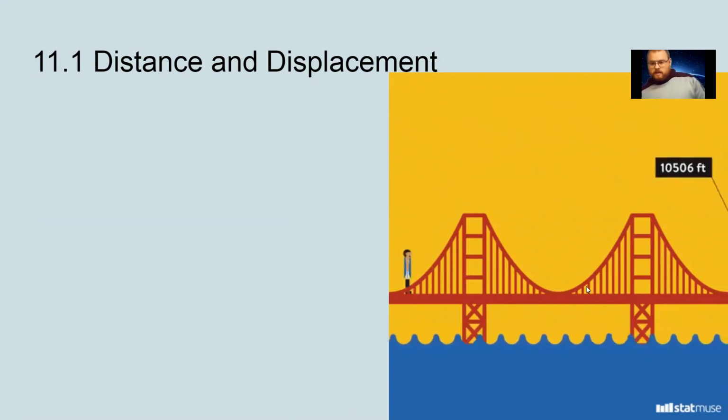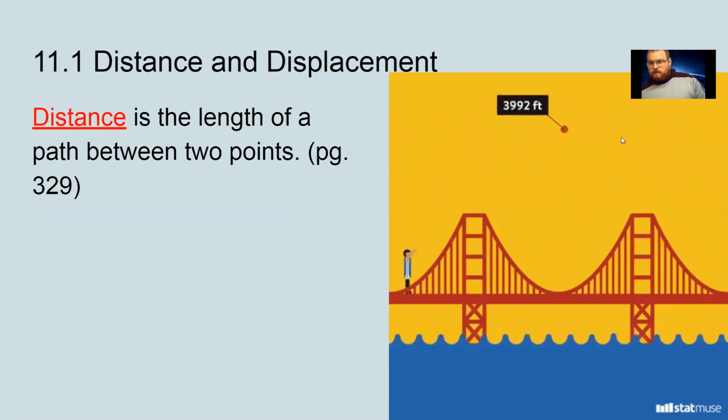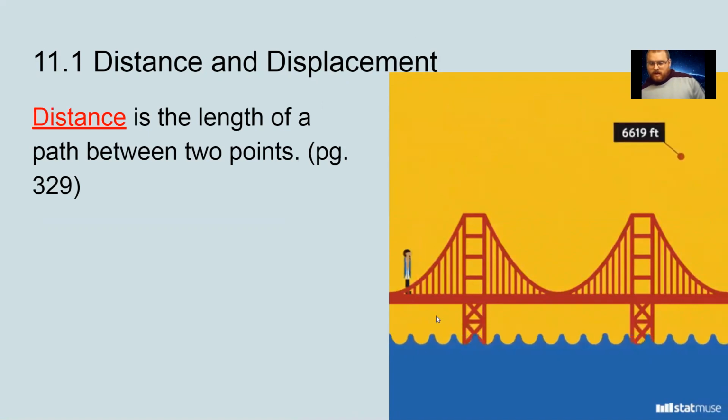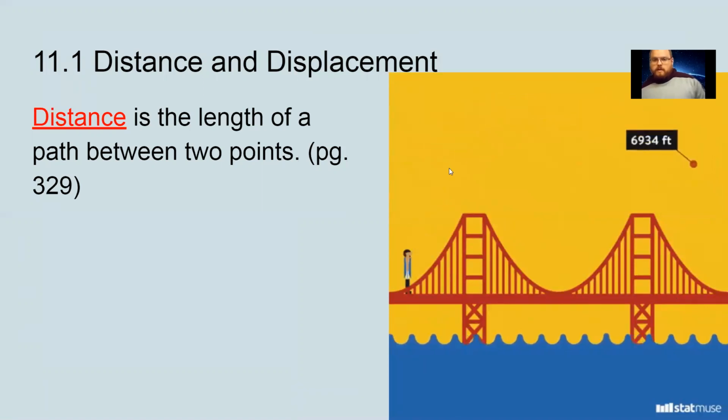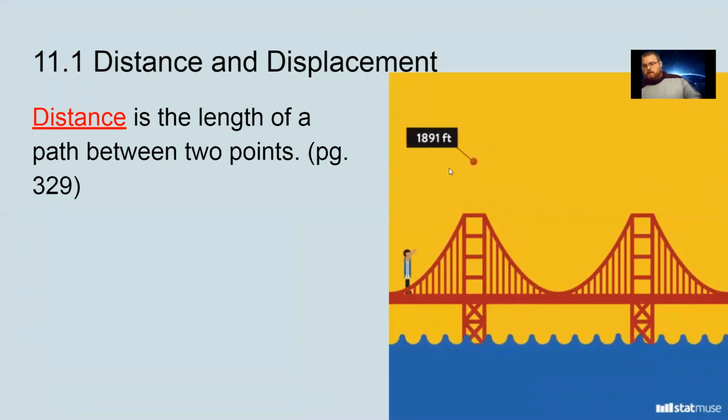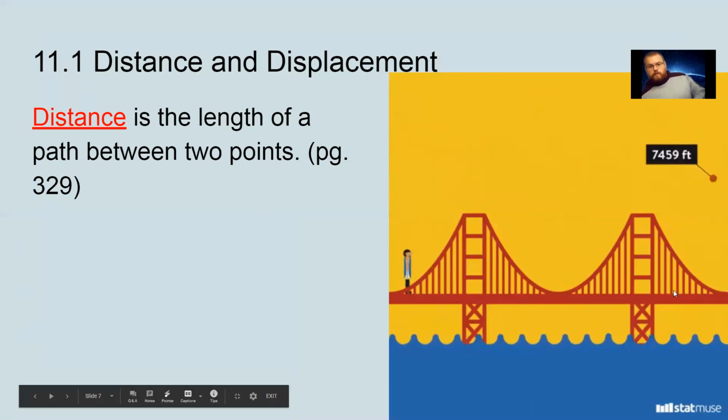Now, the distance that it travels is going to be different the entire time. So let's observe it. And as it increases, we are only measuring the amount of distance between 2 points. But if we pause it at any point, we can actually measure how far it has moved away.